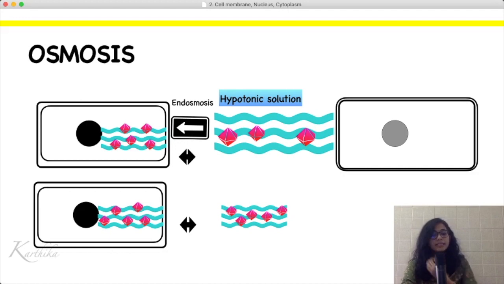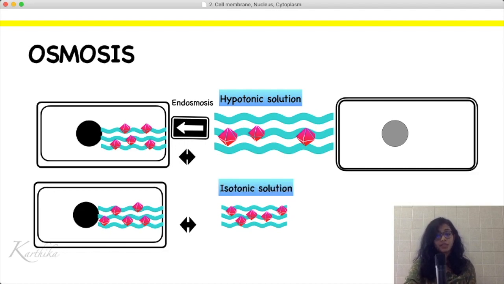And then in the second part, you see the amount of solute and water is the same outside and inside the cell. Such a solution in which water concentration is the same as that inside a normal cell is called an isotonic solution.